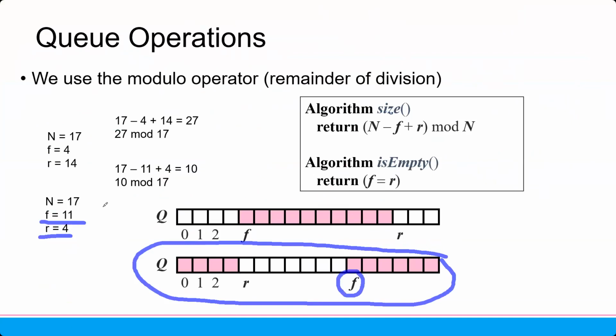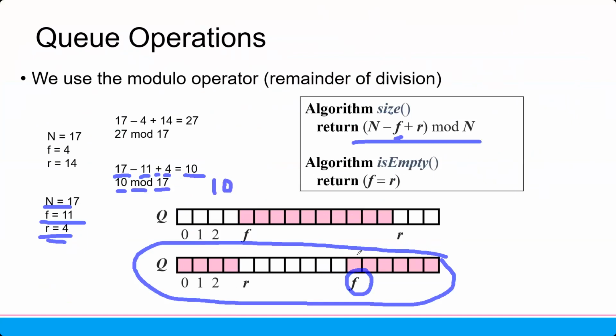Then we can calculate the size. 17, this is the N, minus the front, which is 11, and then plus the rear, which is 4. So the result is 10. 10 modulo 17 is 10.